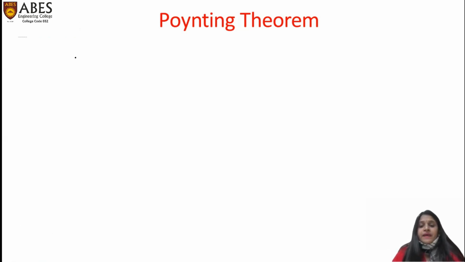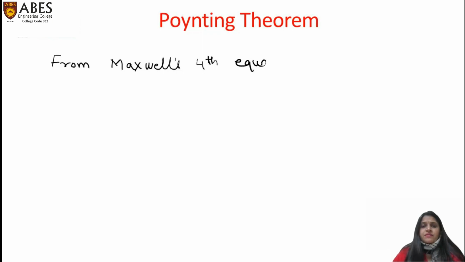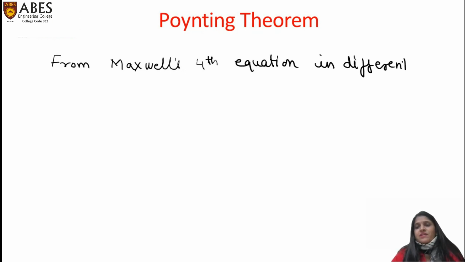We will start with Maxwell's fourth equation to derive Poynting theorem. So we will write from Maxwell's fourth equation in differential form.